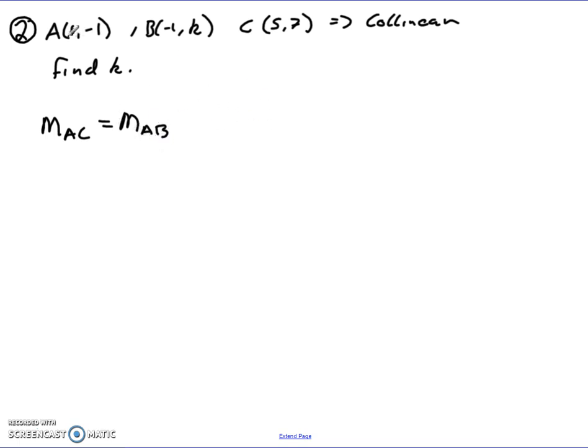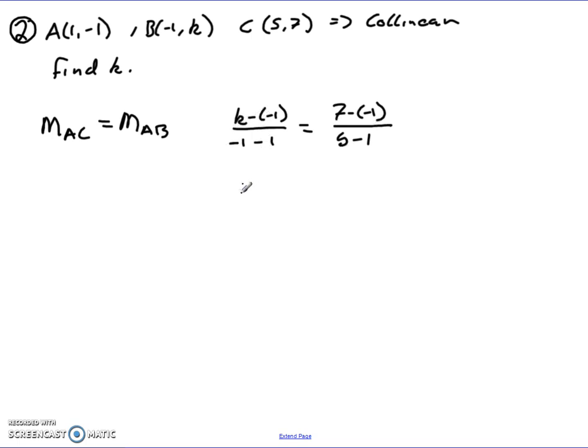So my gradient of A to B is given by this, so you get k take away negative 1 over negative 1 take away 1 equals the gradient from A to C, 7 take away negative 1 over 5 take away 1. And now it's a case of solving it via algebra and getting an answer.